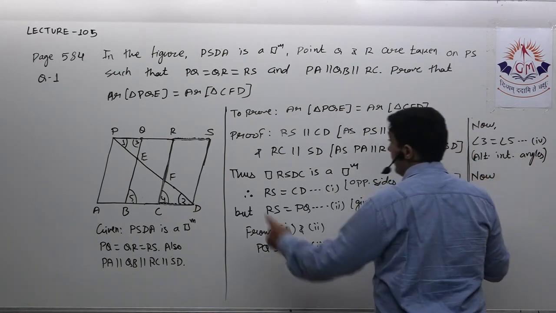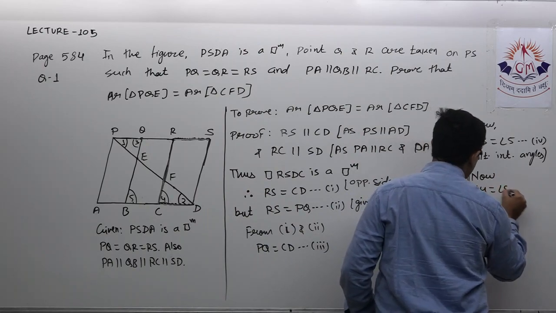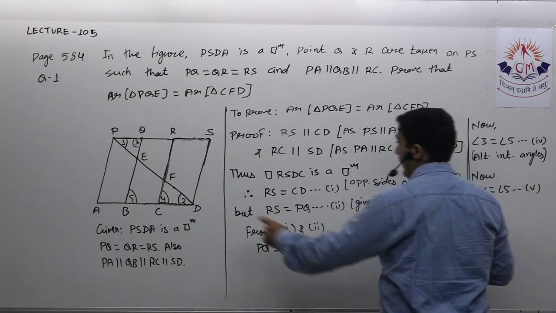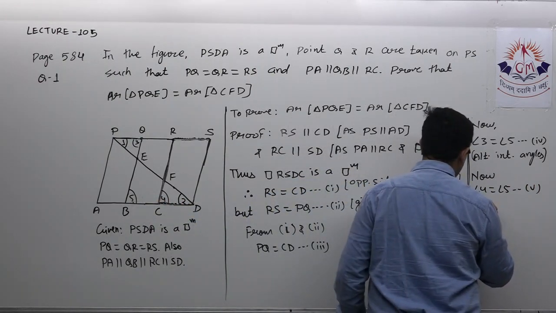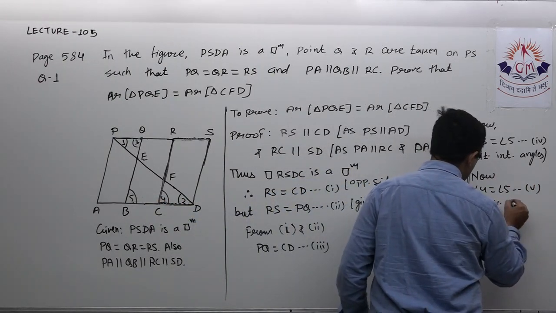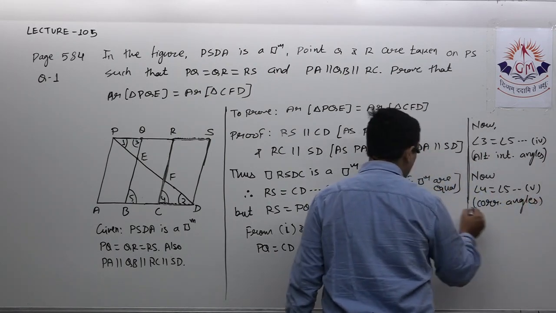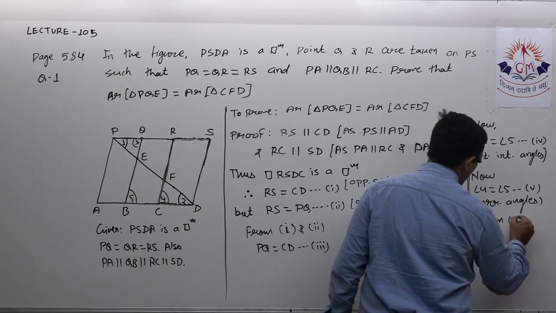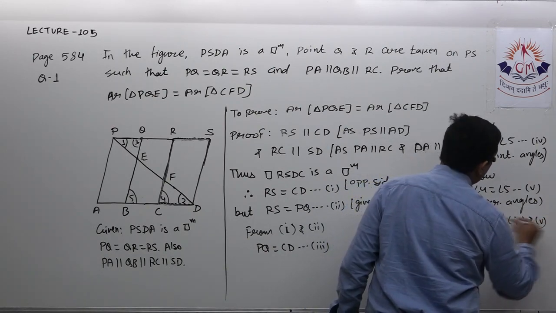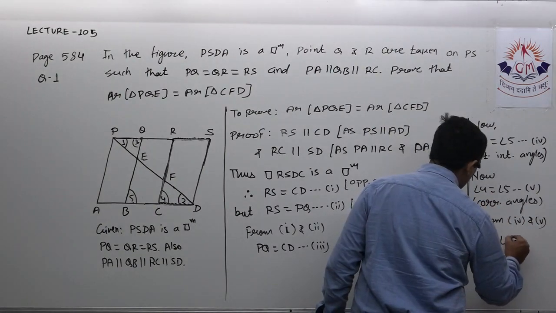Okay, now angle 4 is equal to angle 5. Let it be 5th. Now why angle 4 equal to 5? Corresponding angles. So here I can write from 4th and 5th, angle 3 is equal to angle 4.